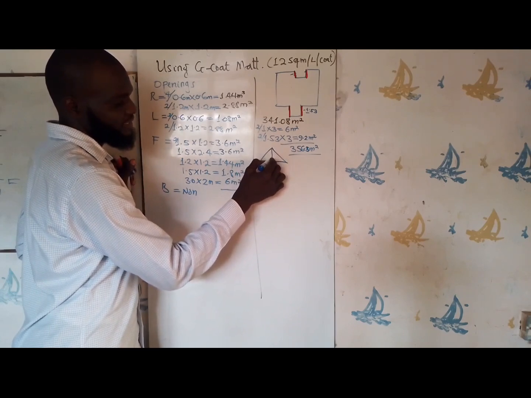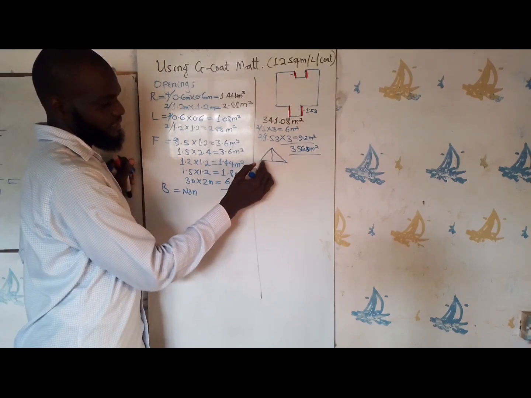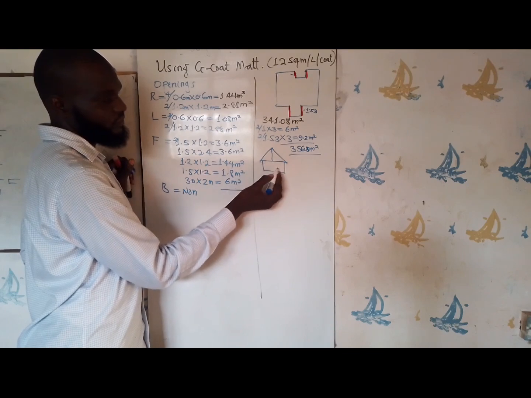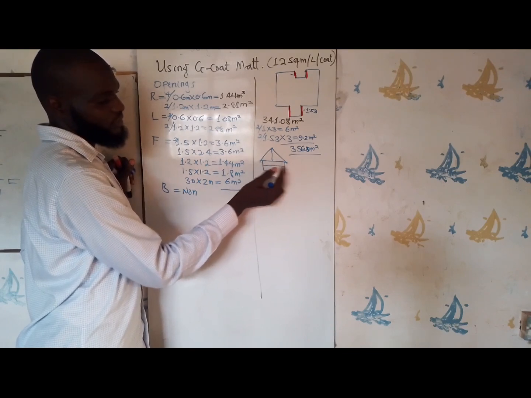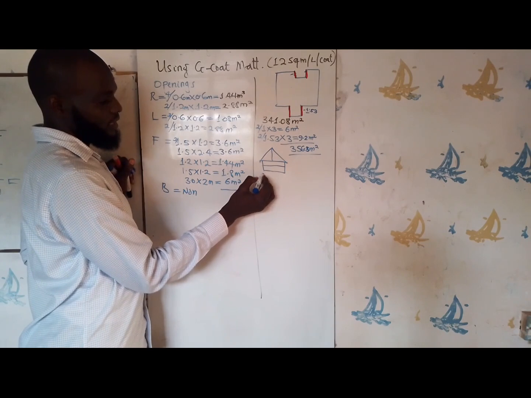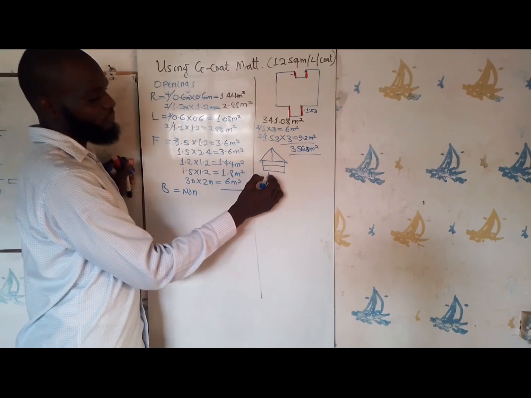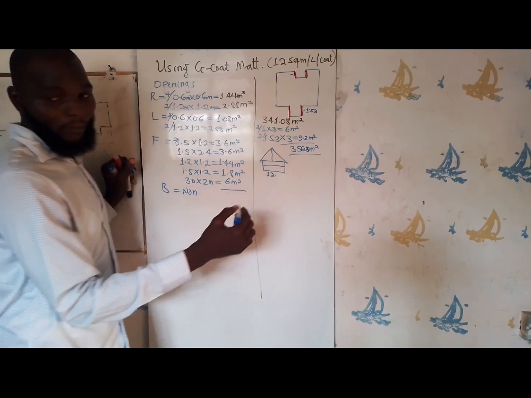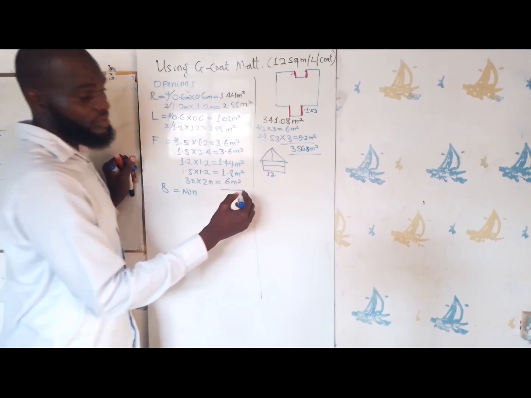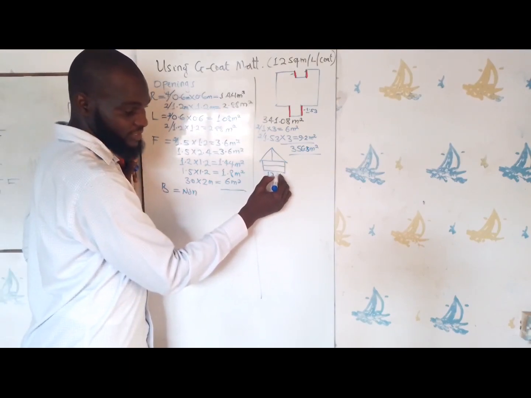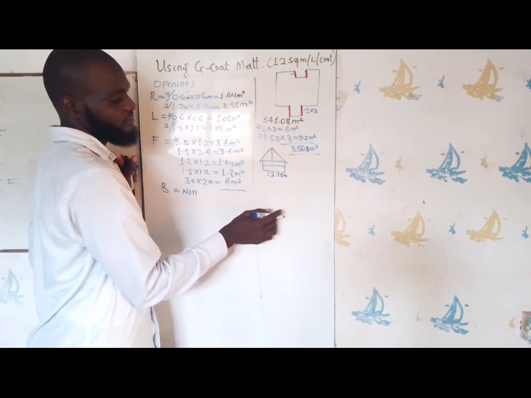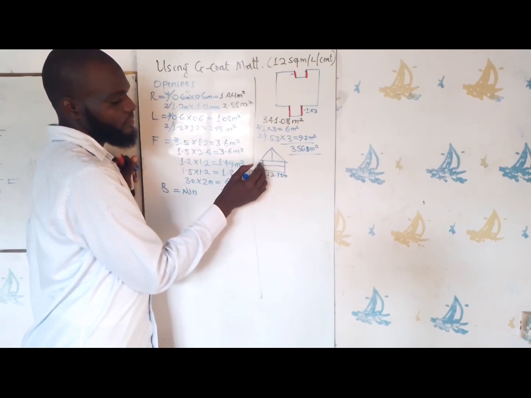So we need this height. And our building is this. This is the eave projection. So the width of the building is 12.1. 12.8. 5 meters.